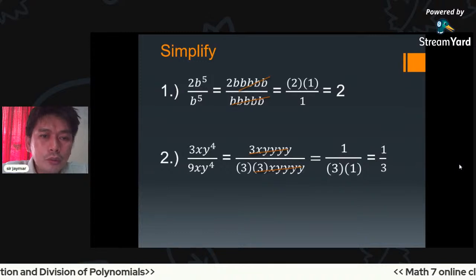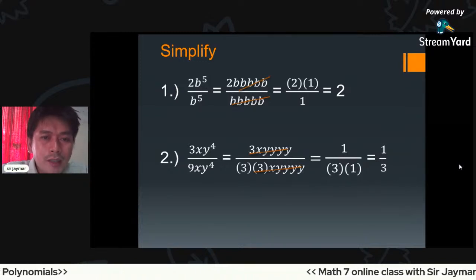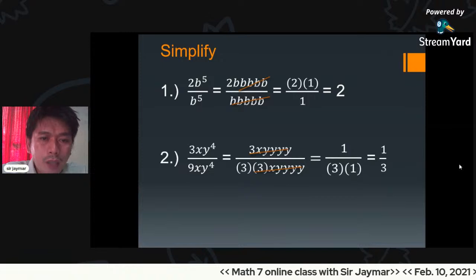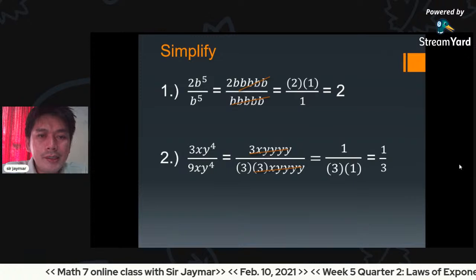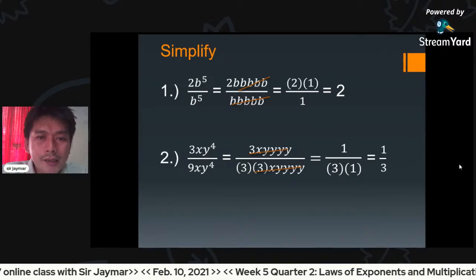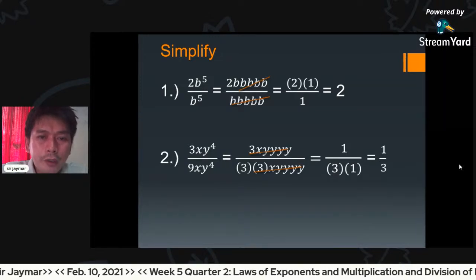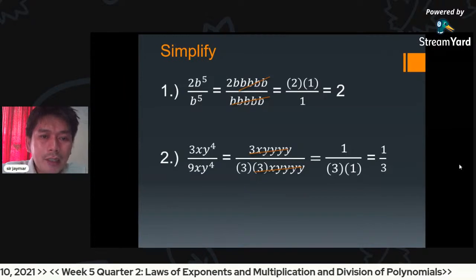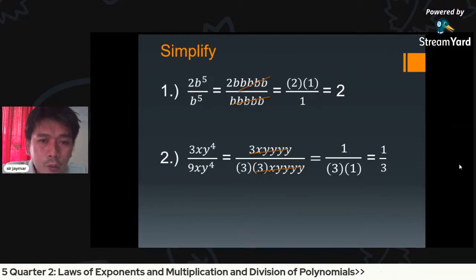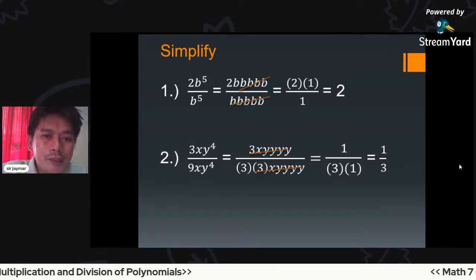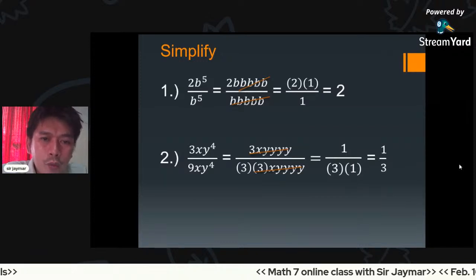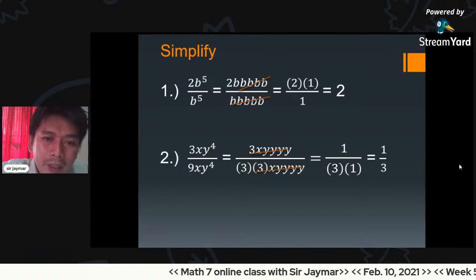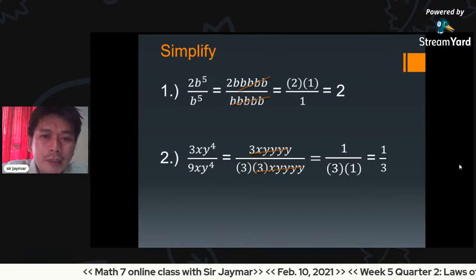So in number 2, 3xy raised to 4 divided by 9xy raised to 4. In the expanded form, in the numerator, 3x, and y repeated 4 times, divided by 9. 9 will be factored into 3 times 3 so that you can cancel the numbers. To cancel, you have to bear in mind to find the factors of 9, that will be 3 times 3.